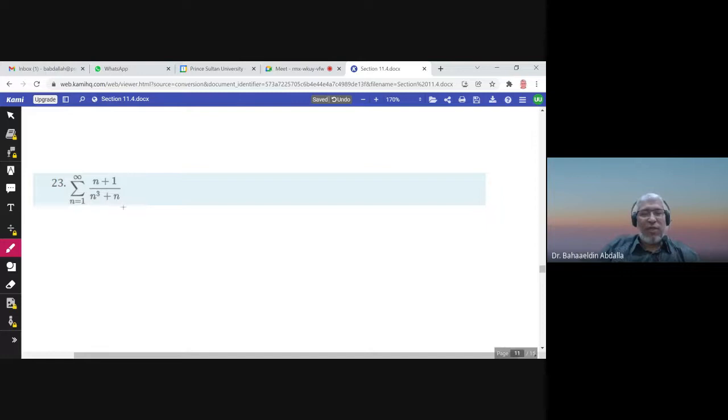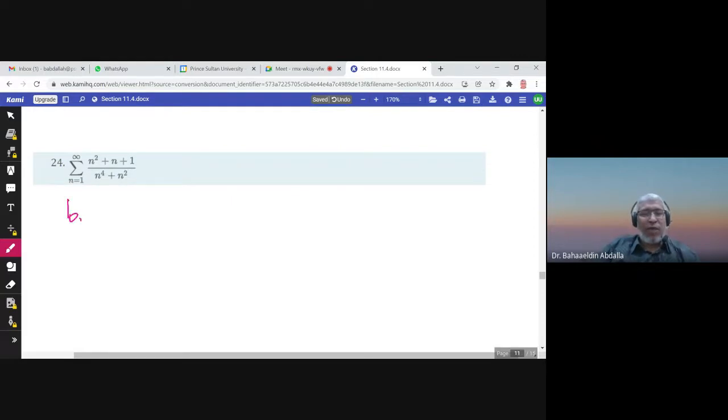You have plus and plus. Please do the same. Compare it with n over n cubed, which is 1 over n squared. Use limit comparison test to show that this series is convergent. Just similar statements.